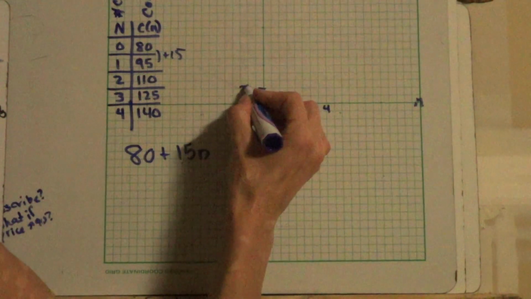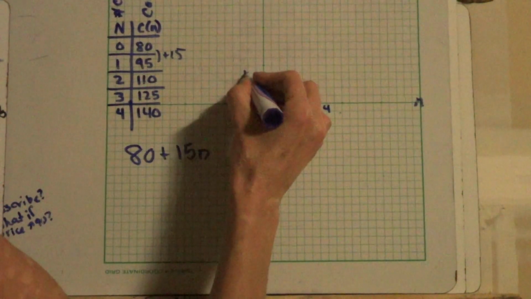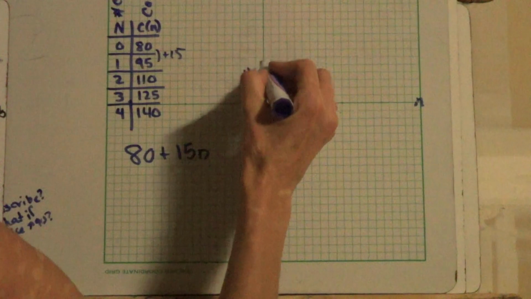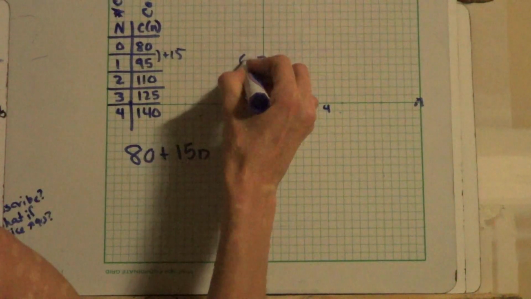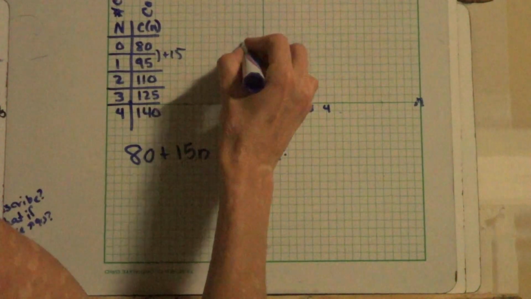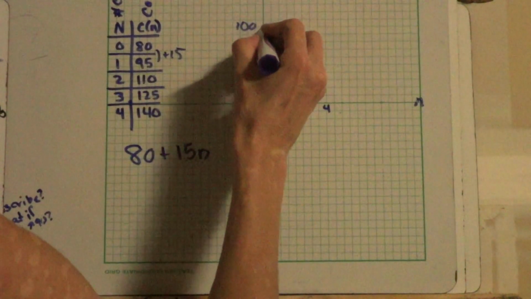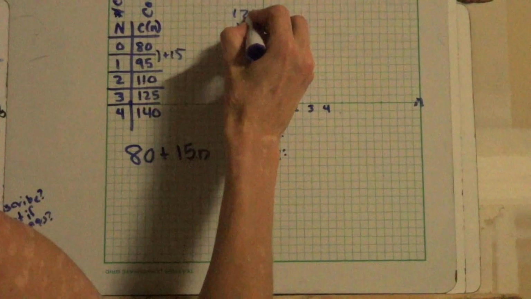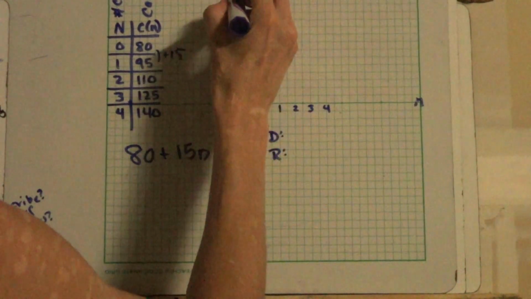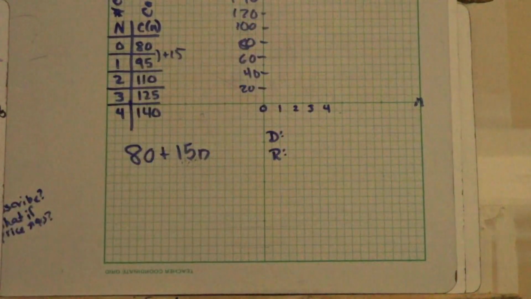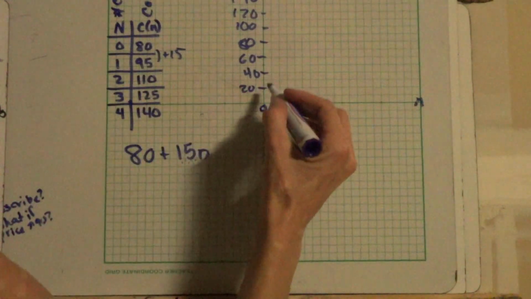Let's just go 20, 40, 60, 80, 100, 120, 140. Okay, let's plot our points. At 0, we're at 80.